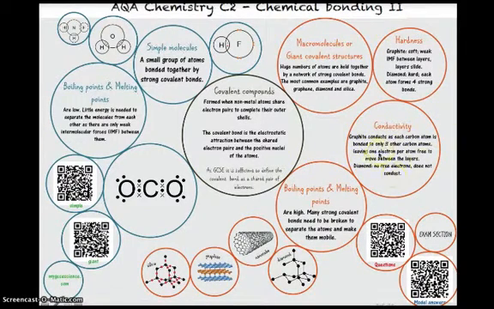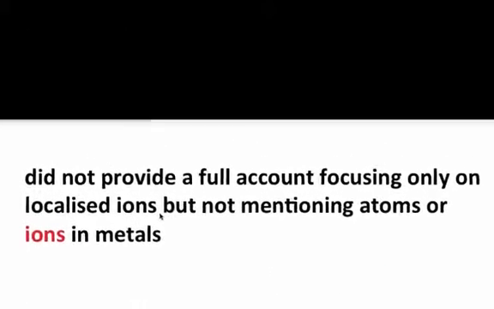Remember, this time it is the electrons that are free to move, but they move throughout the structure. Diamond, on the other hand, no free electrons, nothing there available to conduct. And think about nanotubes. Silica is the other example that we use of a giant covalent, and so on.